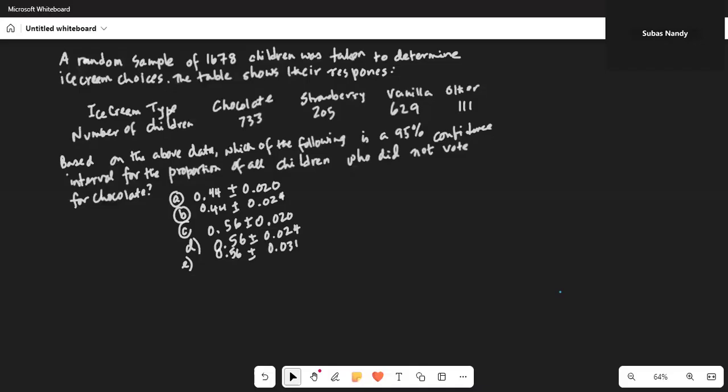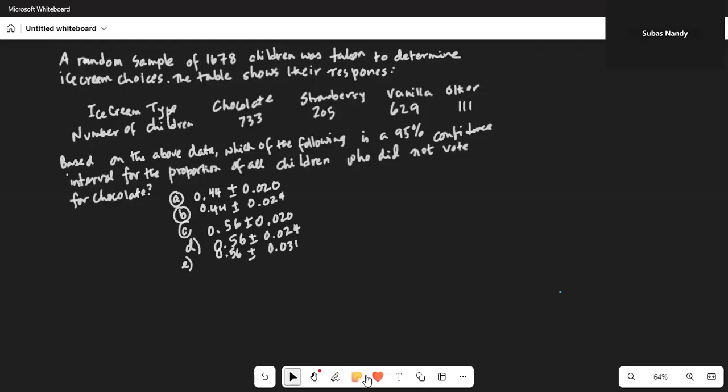So, together we will work on this problem today. A random sample of 1,678 children was taken to determine ice cream choices. The table shows their responses.